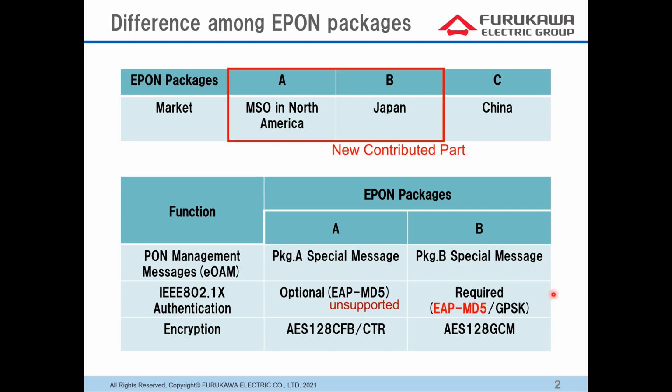For package B, 1x authentication is required and EAP-MD5 or EAP-GPSK are supported. Our contribution supports MD5. For encryption, package A supports AES-128 CFB or CTR, and package B supports AES-128 GCM. This software supports encryption, but in this architecture, it is not enabled due to OLT limitations.